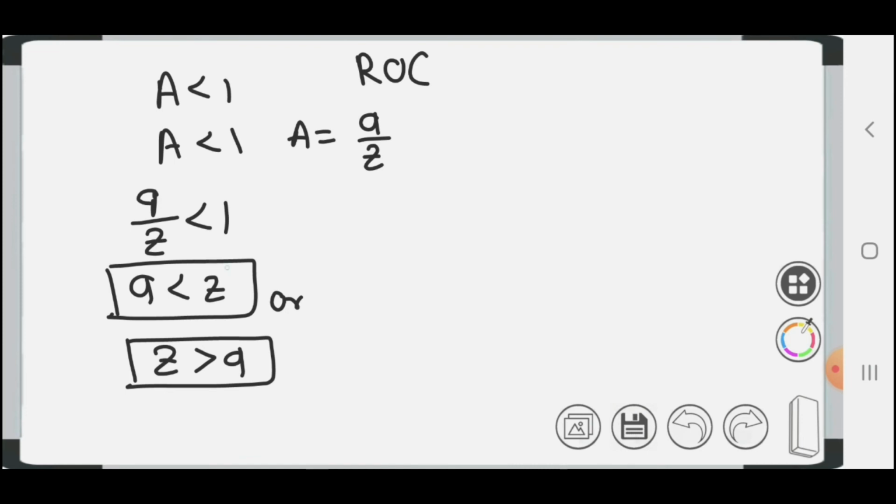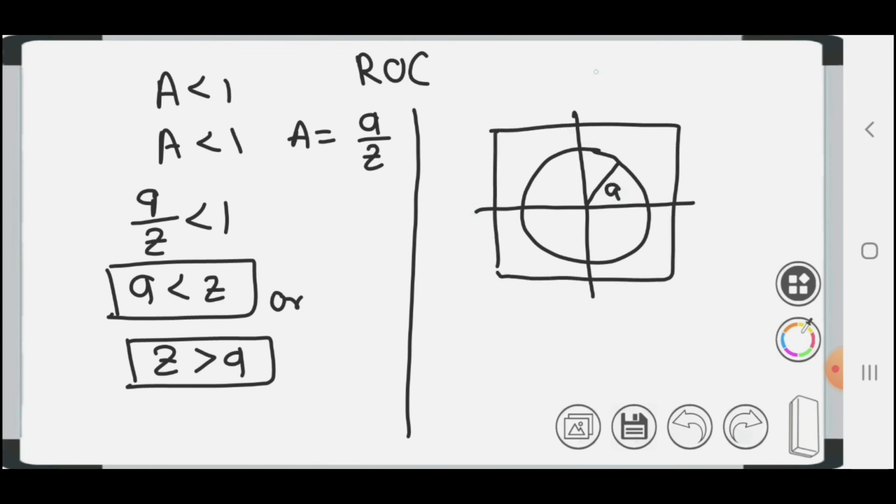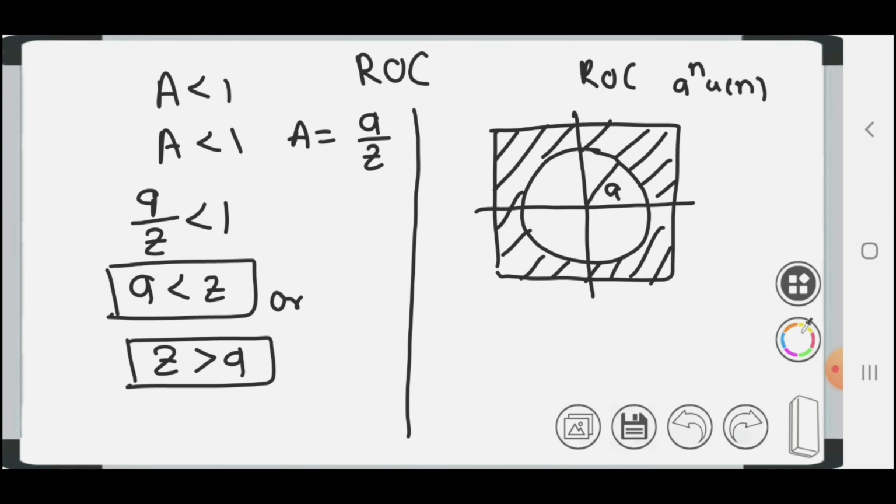So we can comment it like that: the ROC for a raised to n u of n is the exterior part of a circle having radius a, as z is greater than a. So suppose this is the circle having radius a, then the ROC for a raised to n u of n will be the exterior part of a circle having radius a.